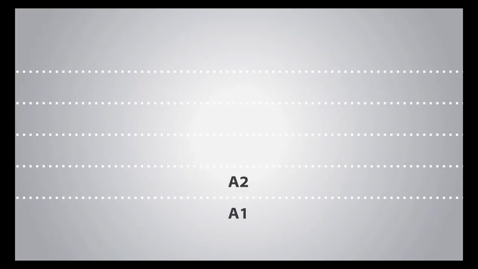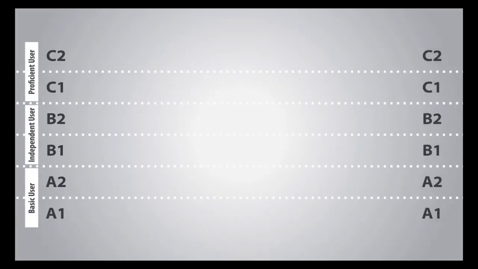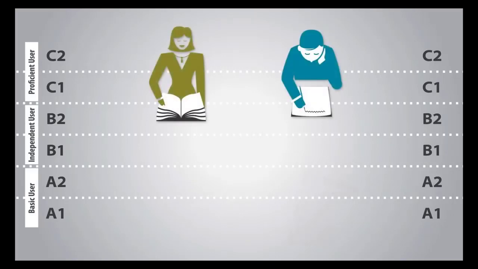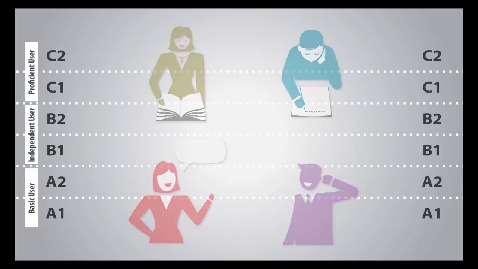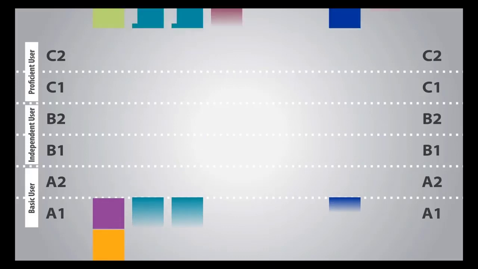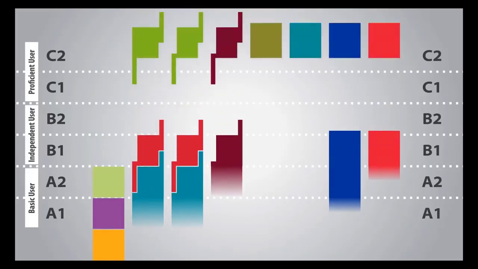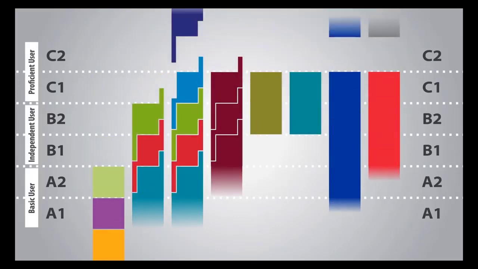The CEFR breaks down language learning into 6 levels, which it calls A1 to C2. The starting point, A1, describes a very basic language level. As a learner, you can move up the levels until you reach proficiency, C2 level. This is a really advanced level. By describing what you can do in reading, writing, speaking and listening, the CEFR will tell you where you are on the journey from beginner, A1, through to proficiency, C2.